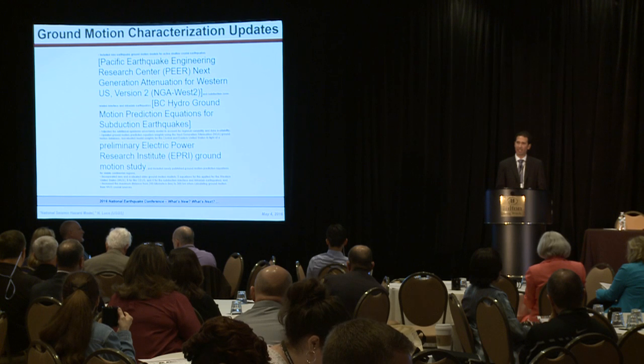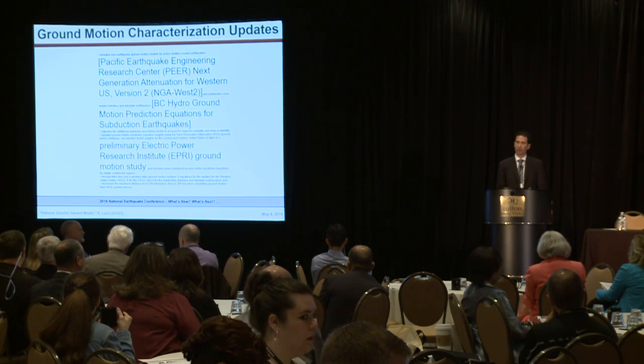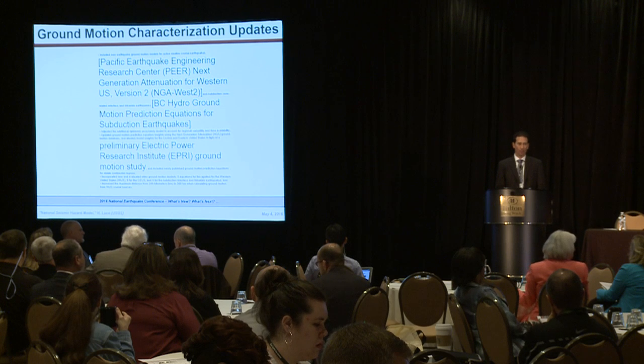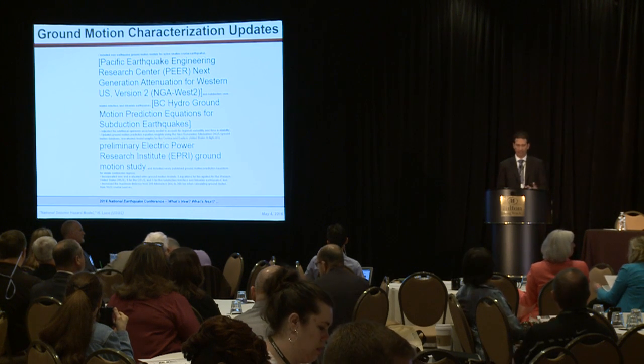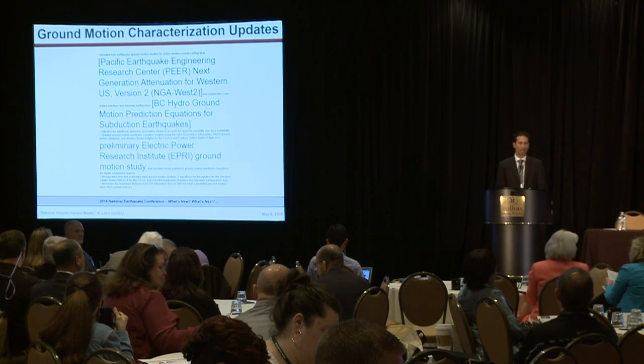Again, bringing more data from earthquakes that have happened more recently and a reevaluation of what was done in the NGA West project approximately 6 years back. For the subduction zone area up in the Pacific Northwest, there was a BC Hydro ground motion prediction project as well that was utilized.